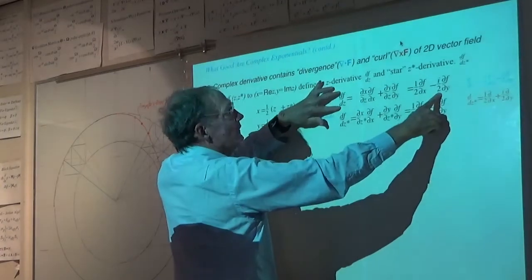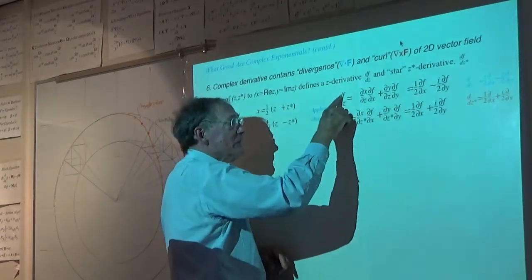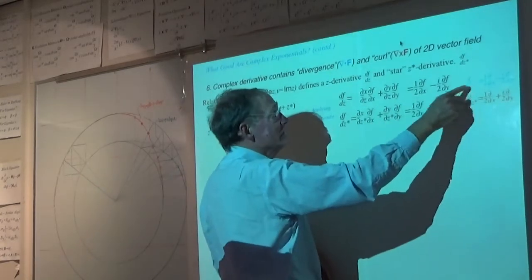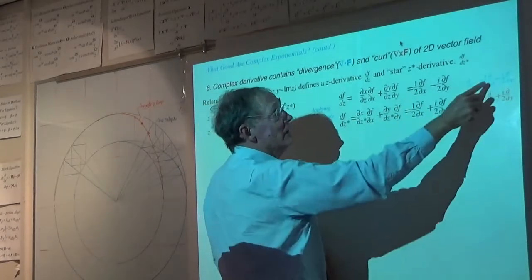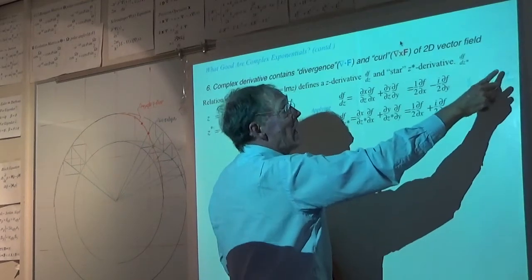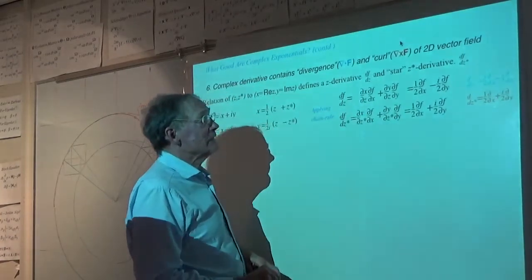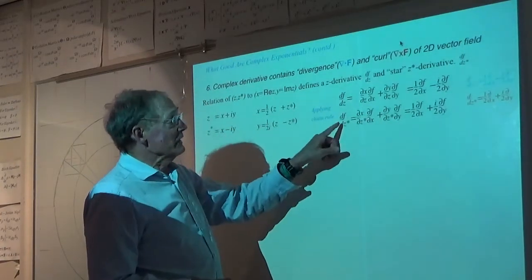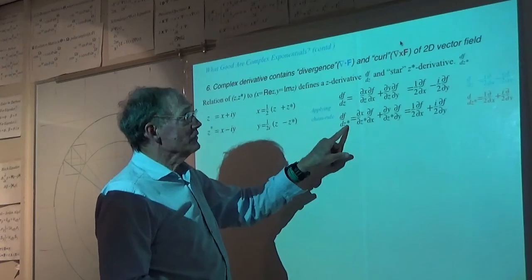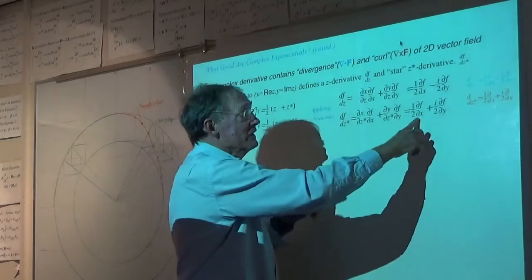So this is an important thing that we're going to use over and over again. The operator d dz is equal to 1/2 of a partial with respect to x minus i 1/2 partial with respect to y. Now, if the function is real, this had better be the conjugate of this, and indeed it is.